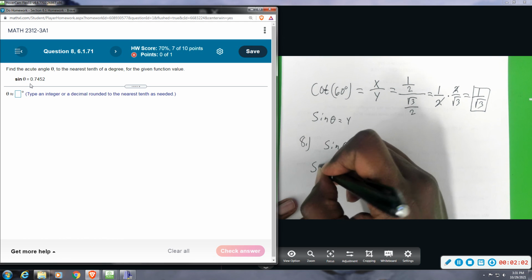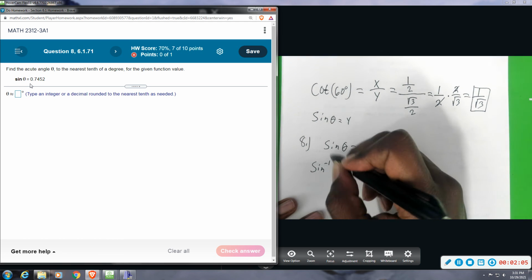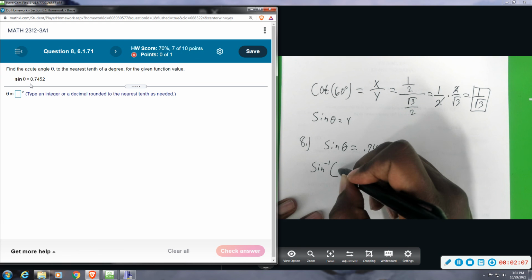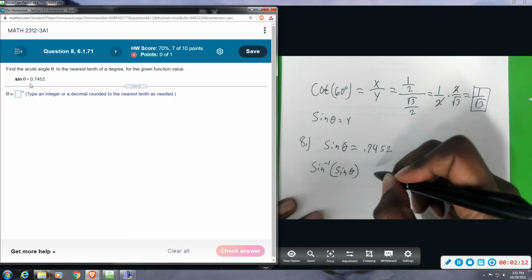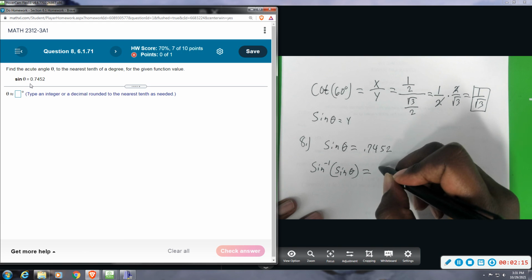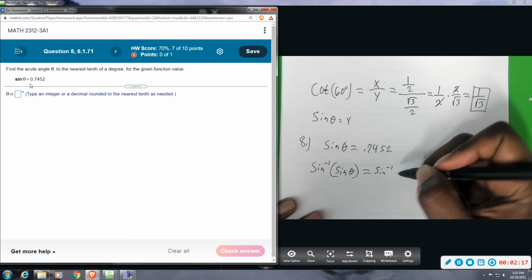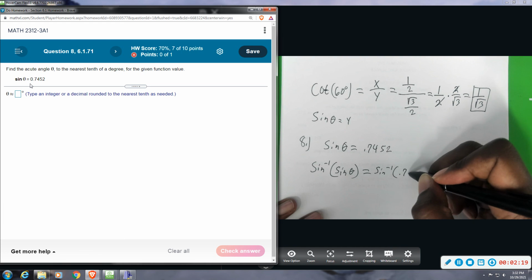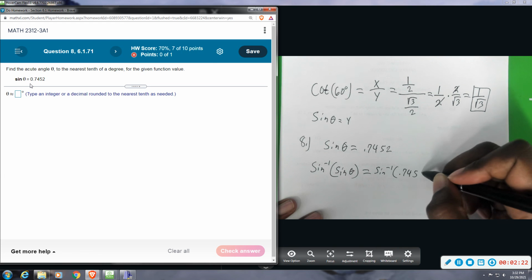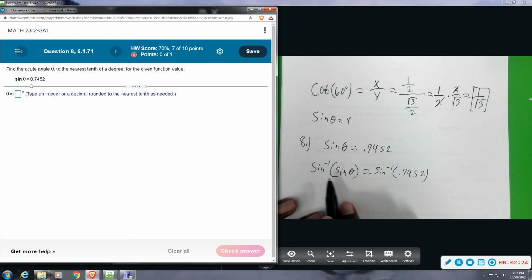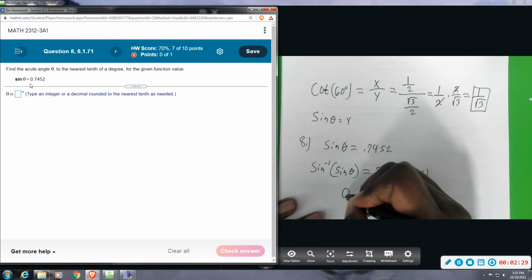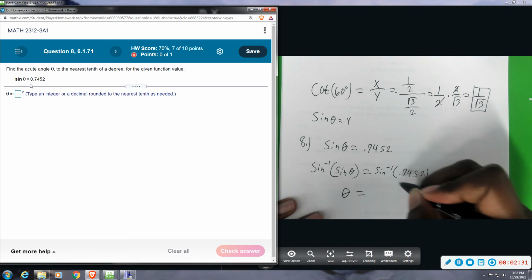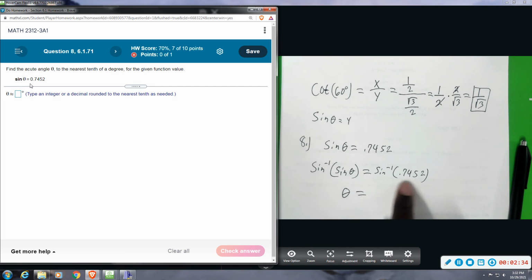So I'm going to do sine inverse, and put all of this in parentheses, sine of theta equals, and you do that same thing to this side, sine inverse of 0.7452. So when you do this, the inverse sine and sine cancel out, so you're just left with theta equals whatever we get here. And we have to use a calculator to find that value.